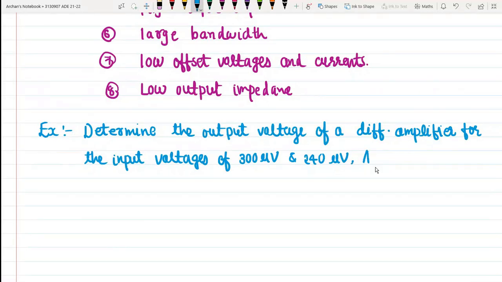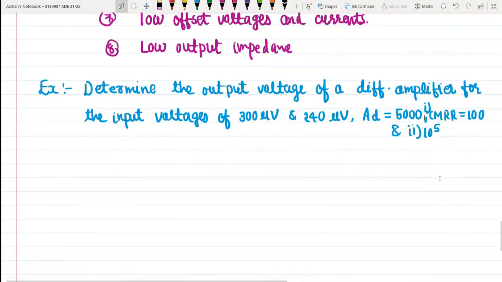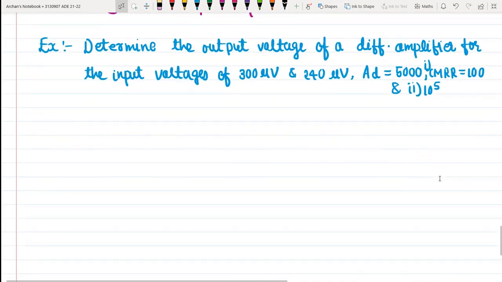The differential gain AD of the amplifier is 5000. The value of the common mode rejection ratio CMRR is given as 100, and in the second case consider CMRR equal to 10 raised to 5. When CMRR is equal to 100, find the output voltage of the differential amplifier, and when CMRR is equal to 10 raised to 5, find the output voltage.